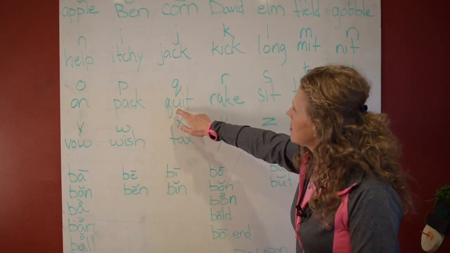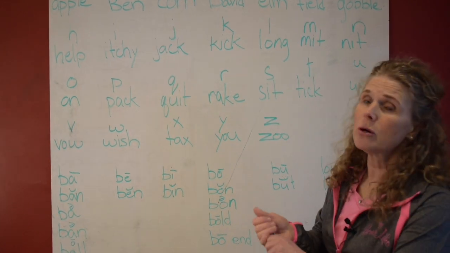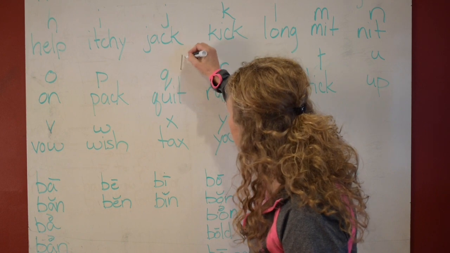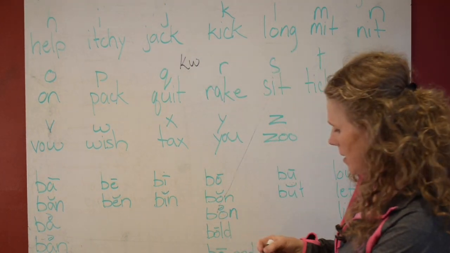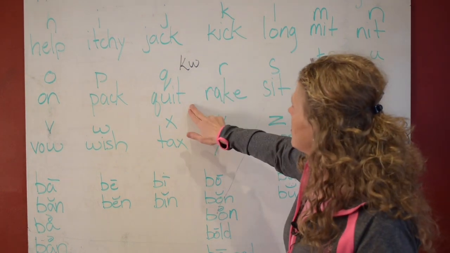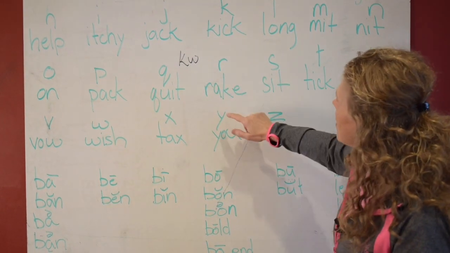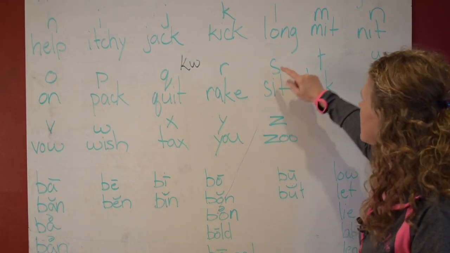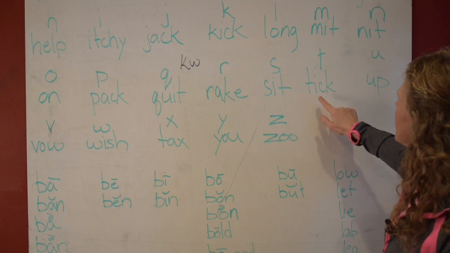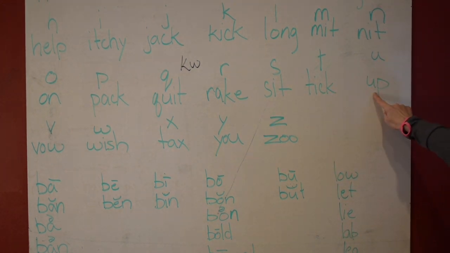Q, quit, qua. Now the Q, it says qua, the KW sound. So it has two sounds. R, rake. S, sit, s. T, tick, t. U, up.